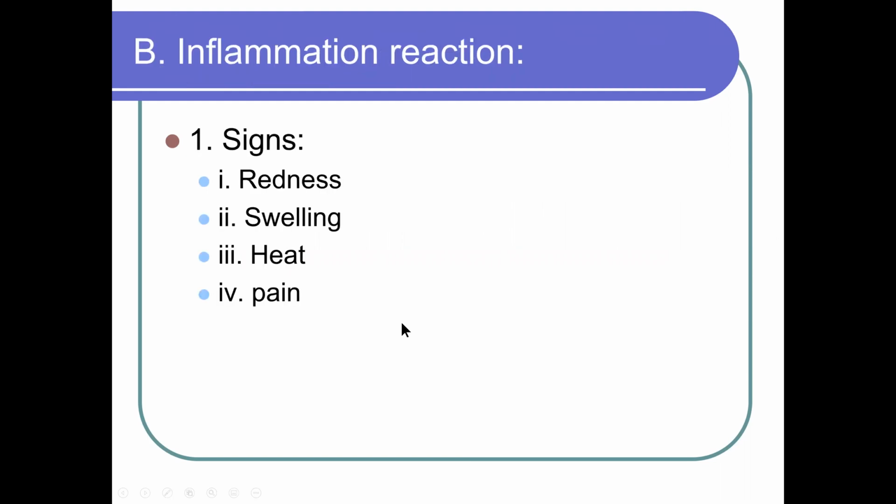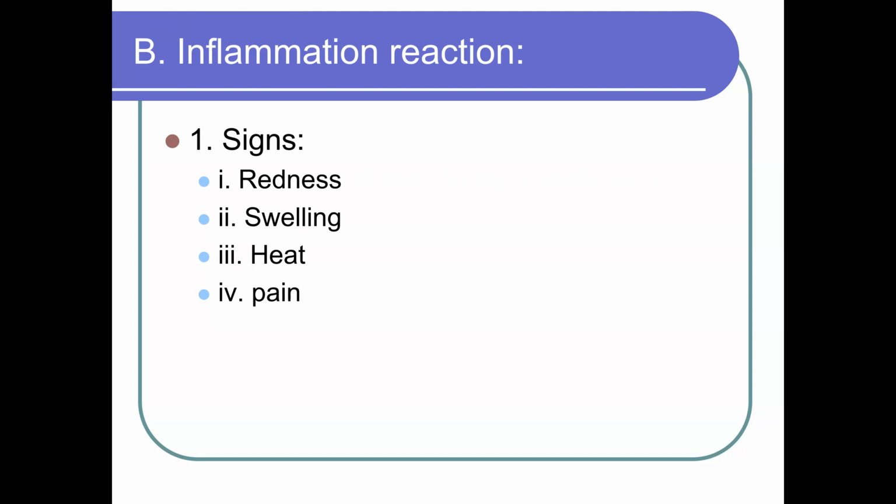The signs of inflammation are the signs that we talked about in anatomy and physiology. One is redness. The redness is due to hyperemia, an increased blood supply into the area. Swelling is due to the fact that once you dilate the capillaries and small vessels, you have vasodilatation, and more fluid comes out.